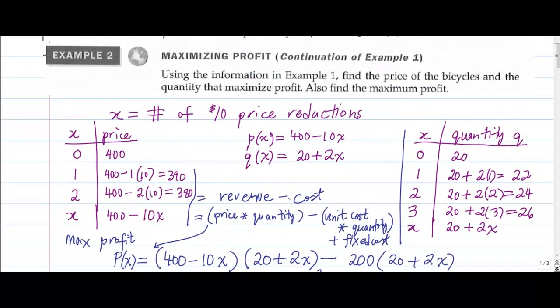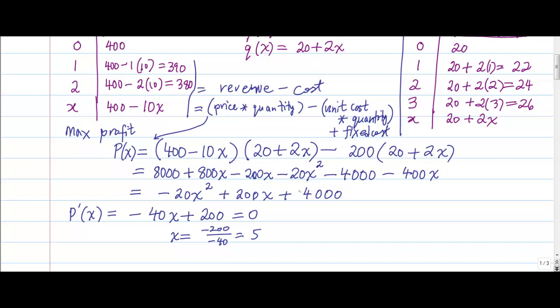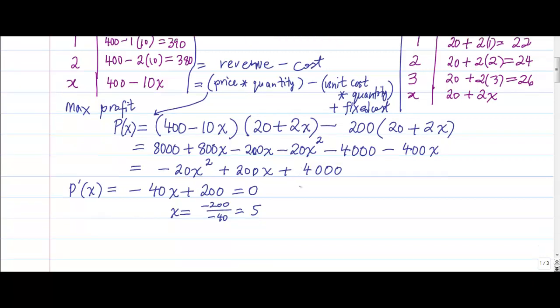So it says find the price and quantity. So the price, that means she needs to offer 5 $10 price reductions, or she needs to reduce the price by $50.